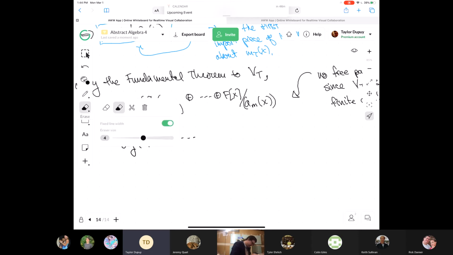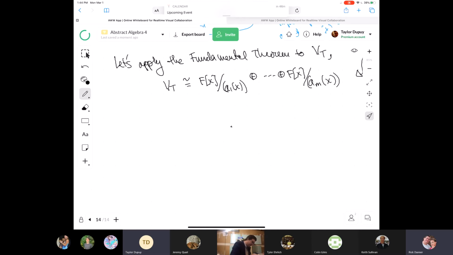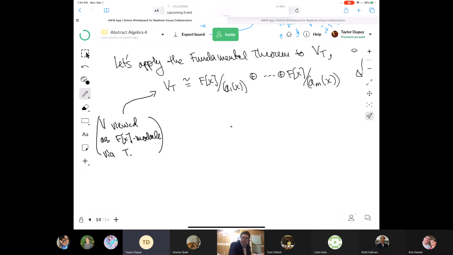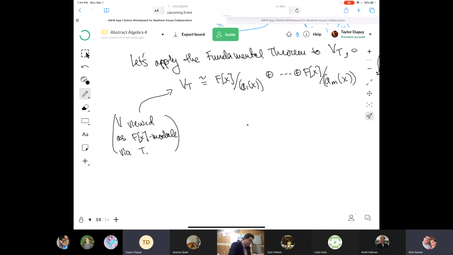Let me remind you: what was V_T again? V_T is V viewed as an F[x]-module via T. It's this weird module structure that I give to V via the linear operator T. Once you fix a T, you've got an F[x]-module.